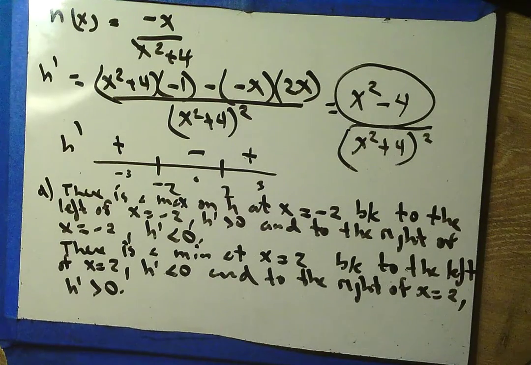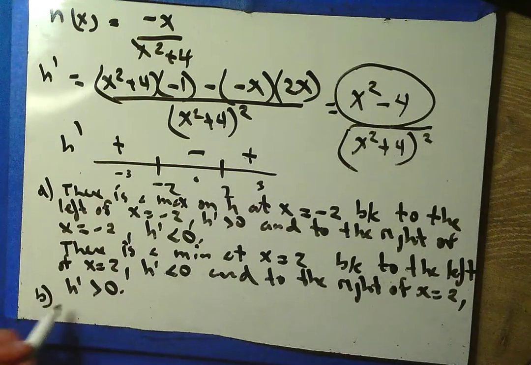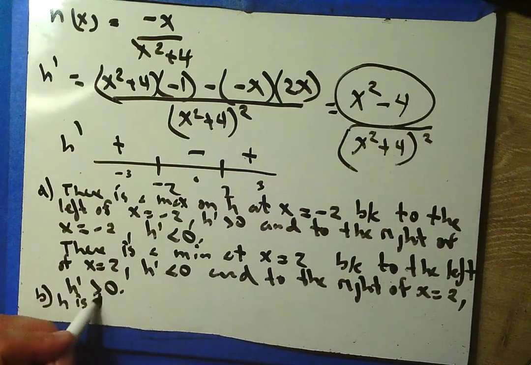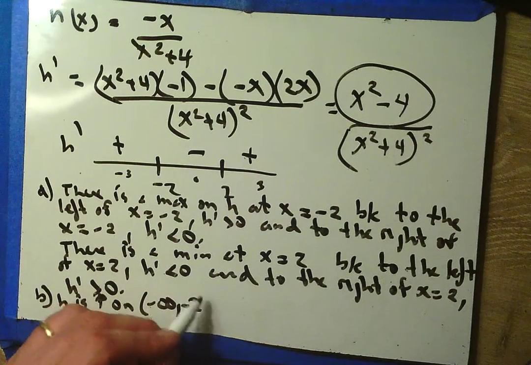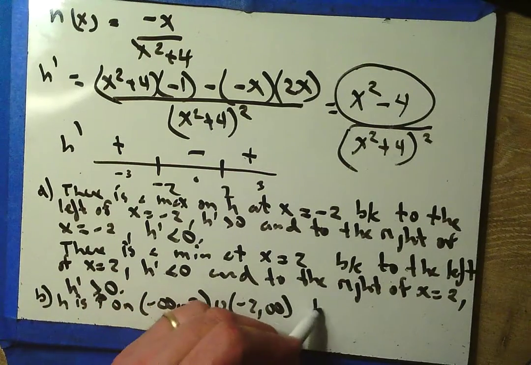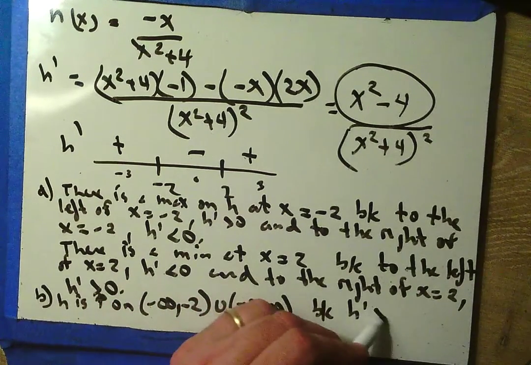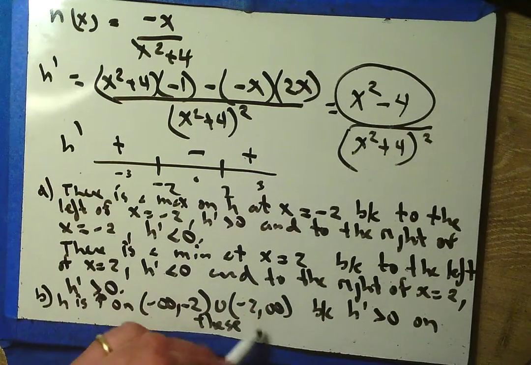Part B, intervals on which the function is increasing. Okay, well, I see the function is increasing. h is increasing on negative infinity to negative 2, union negative 2 to infinity, because h prime is greater than 0 on these intervals.